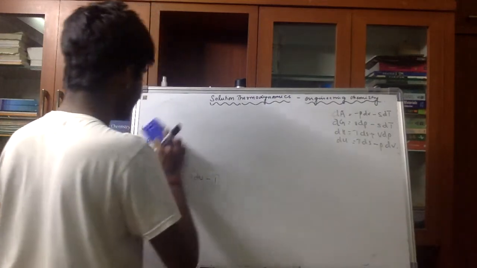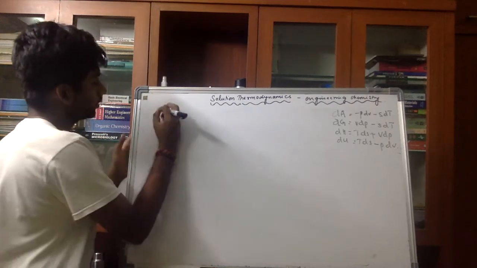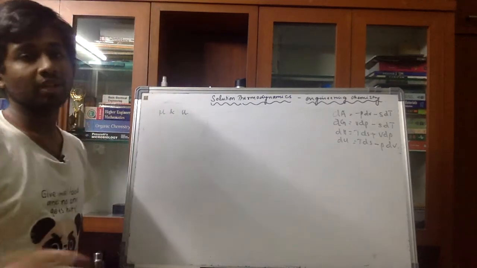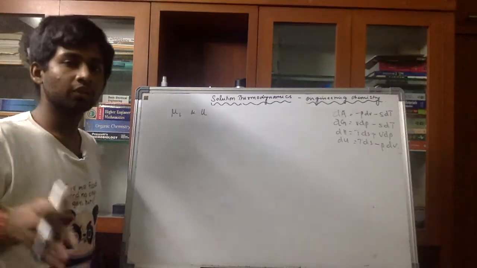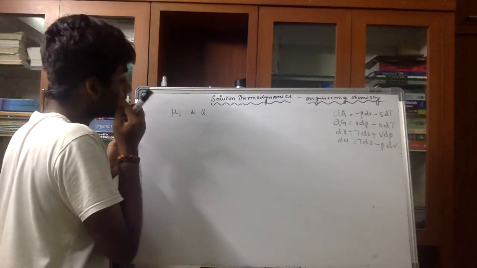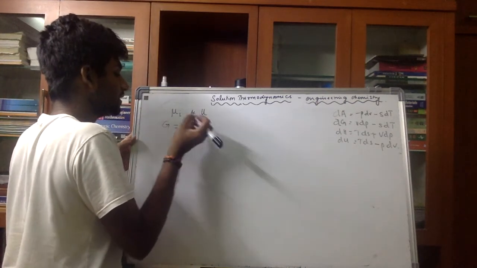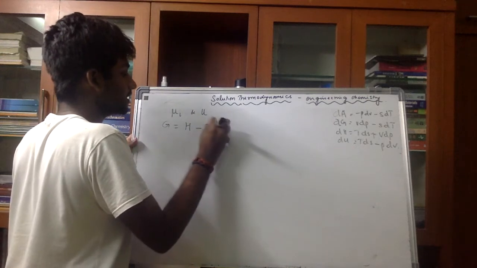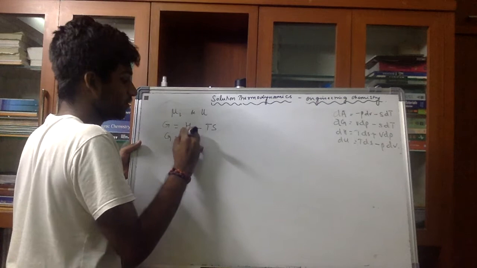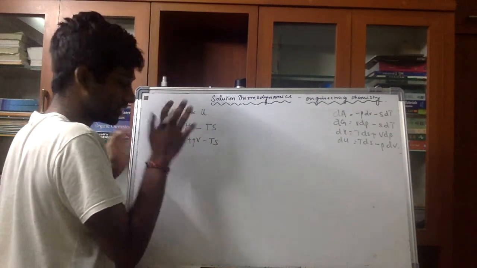So now let us find the relation between mu and U, that means your chemical potential and internal energy. Let's proceed in this way. First you take your G, that is equal to H minus TS, and then substitute for H, which is U plus PV, minus TS, and then leave it like that.